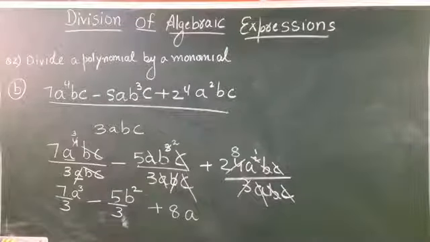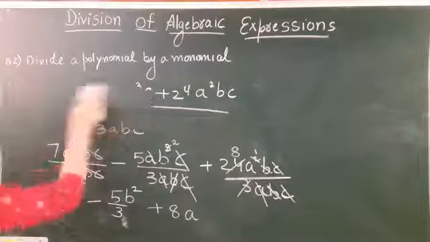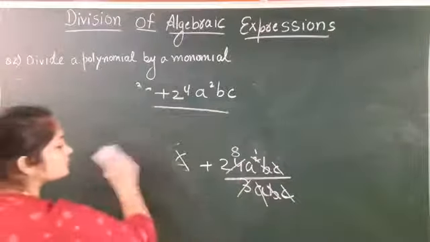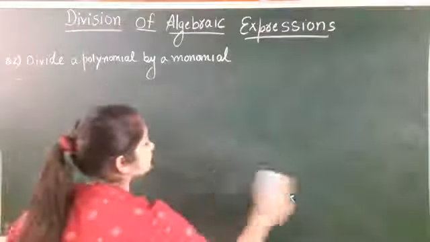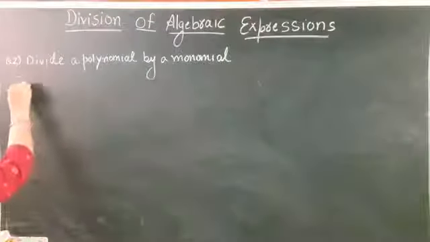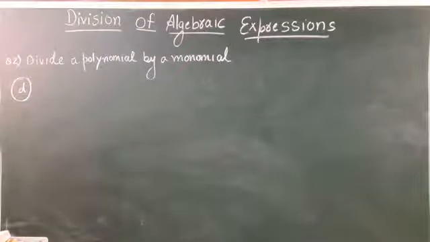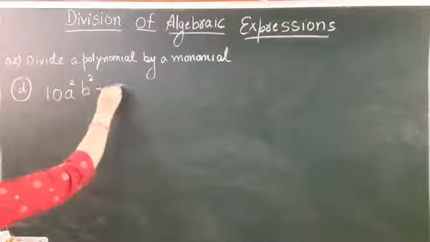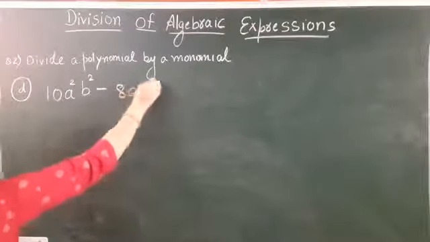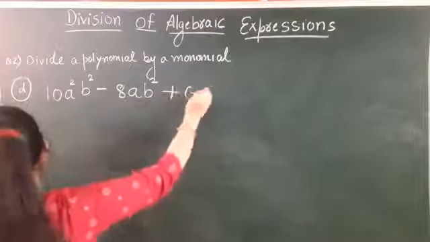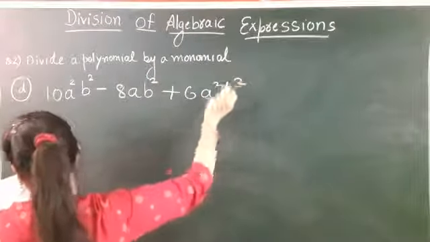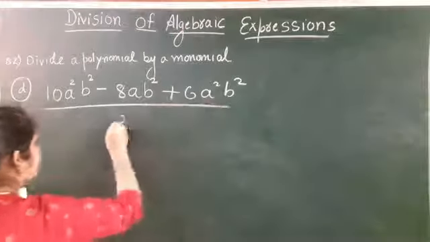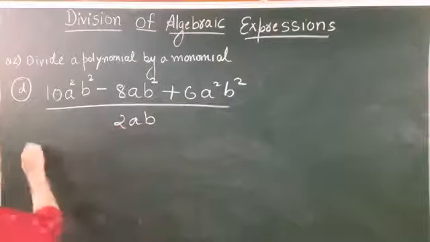Now we'll do one more question of this type. So now we will divide 10a square b square minus 8ab square plus 6a square b square by 2ab.